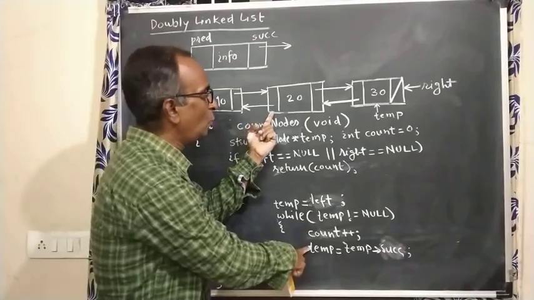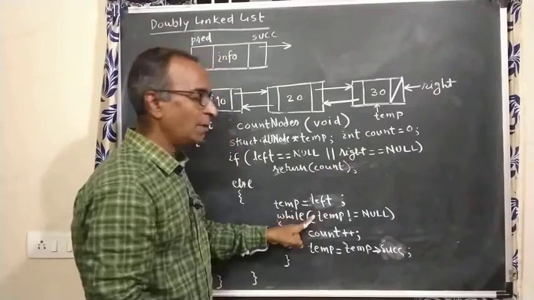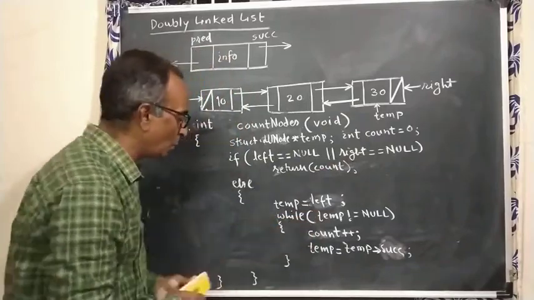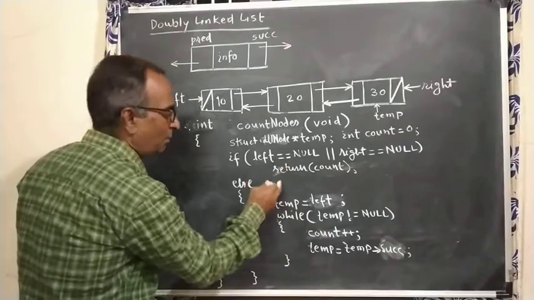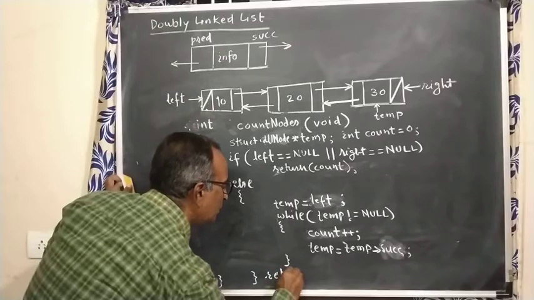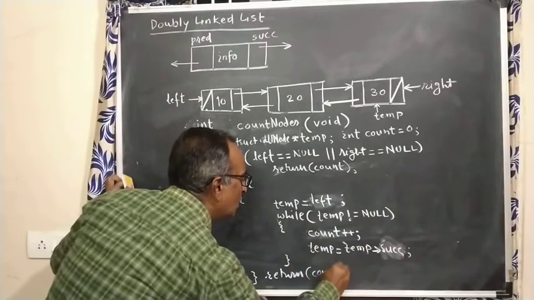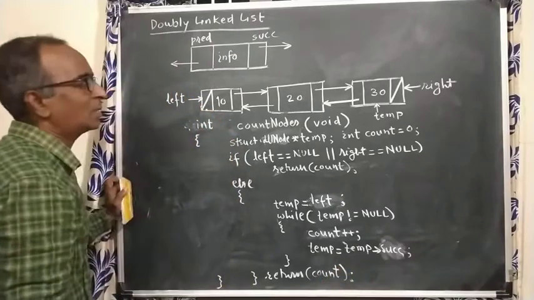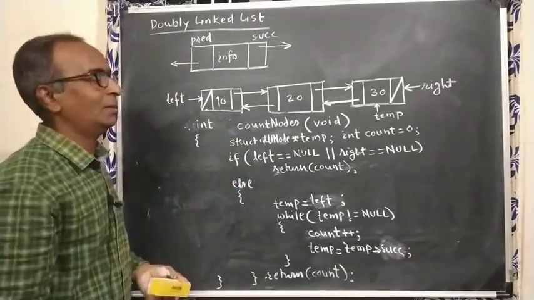Move, count will be 2. Move, count will be 3. Move, this will be null. It will come out. At last, here you have to write return count. That's it. This is counting the number of nodes in a doubly linked list.